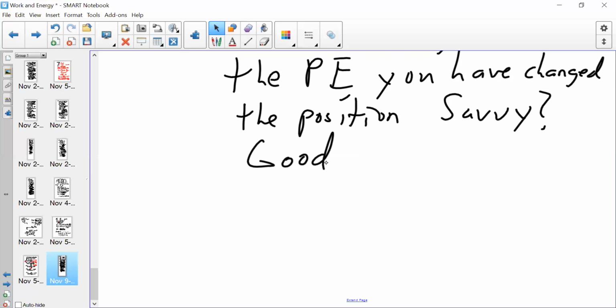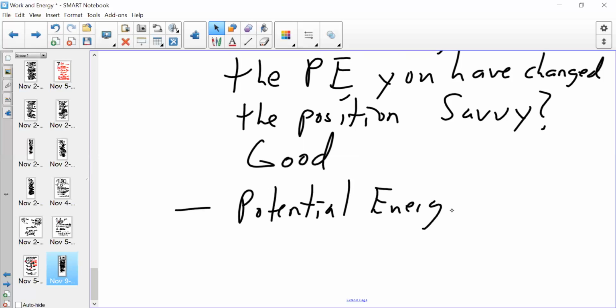So we have stated potential energy is a function of position. The equation for potential energy: E_p equals force of gravity, which we'll just call mg, times height, or y.